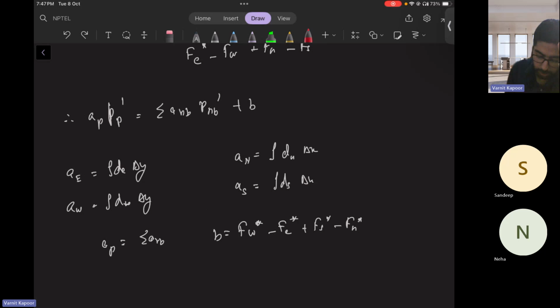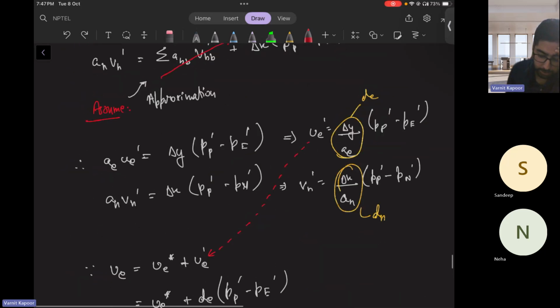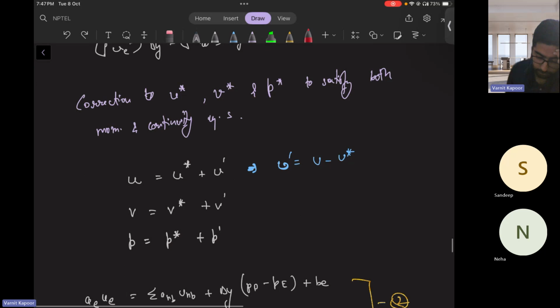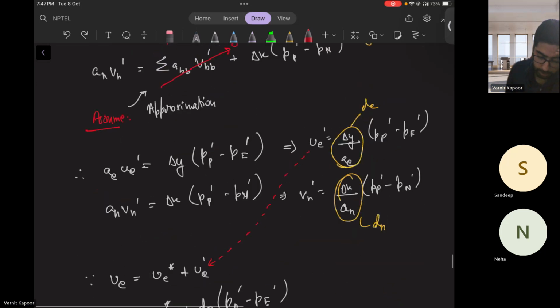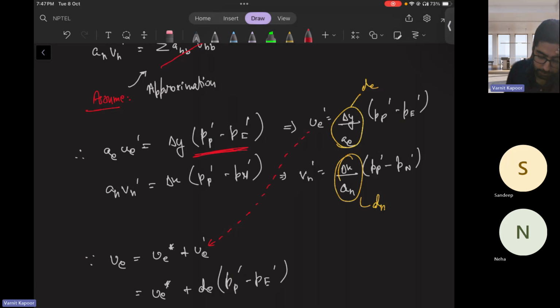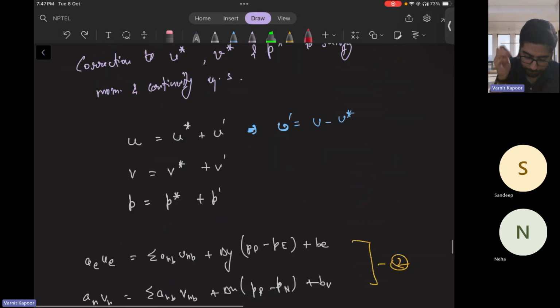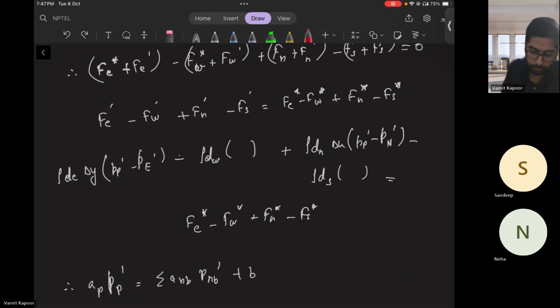From P dash, you got the corrected P values. You got the U dash and V dash. And this U dash you can put in the corrected velocity. So you get the U.